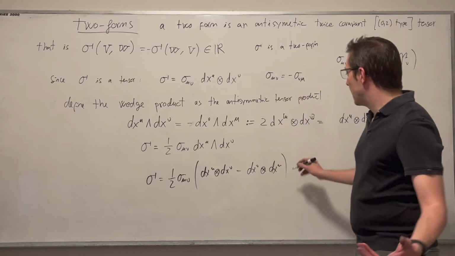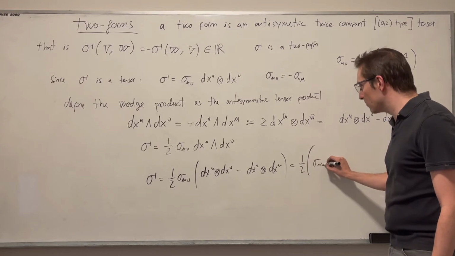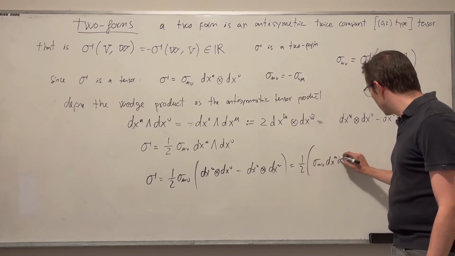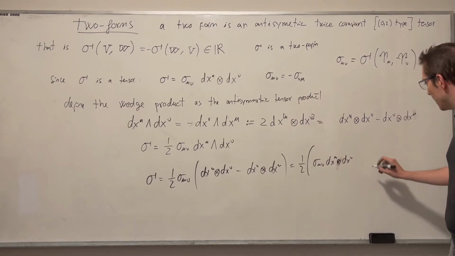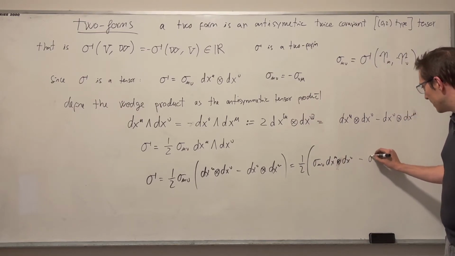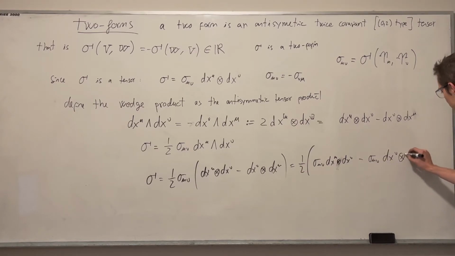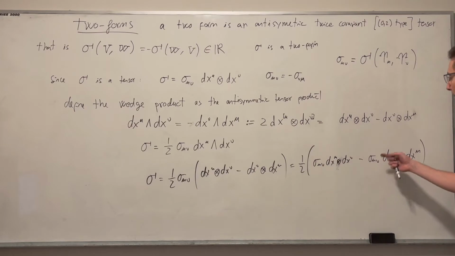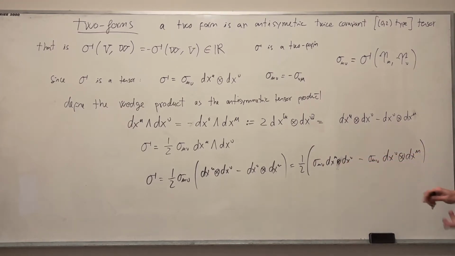All right, I can separate in two. I get 1/2, and then I get sigma_{mu nu} dx^mu tensor dx^nu, minus sigma_{mu nu} dx^nu tensor dx^mu. But now I can change the name of the indices in this second term to match the first one, because they're dummy indices.